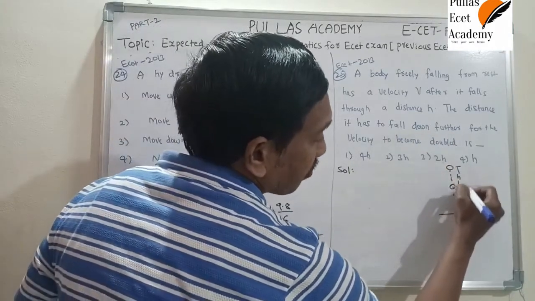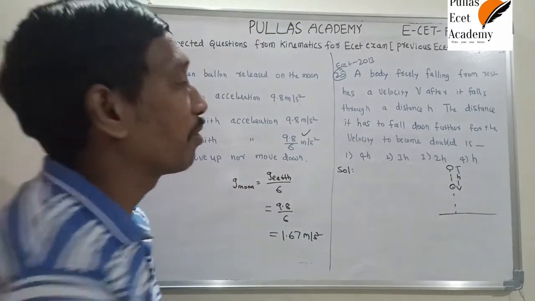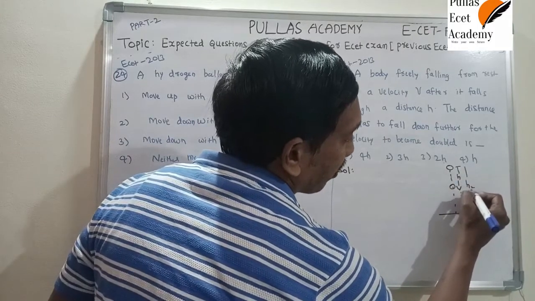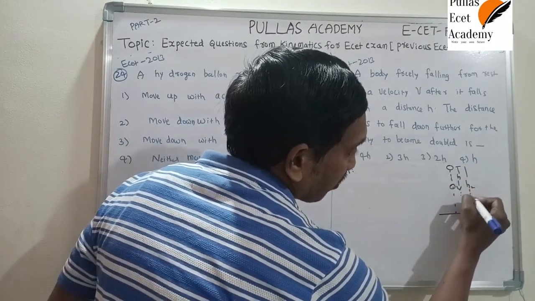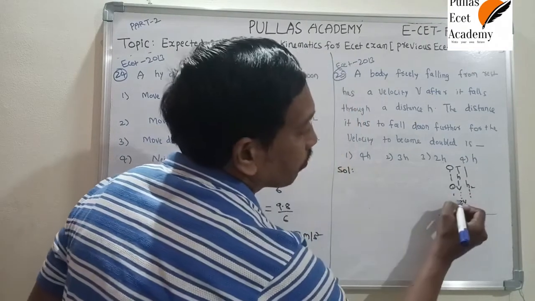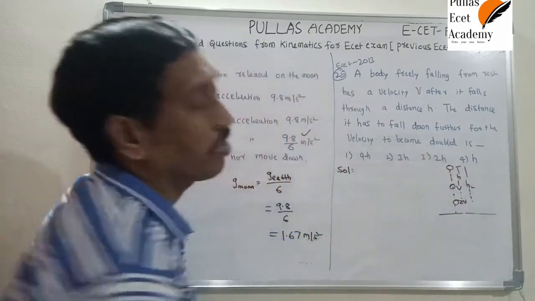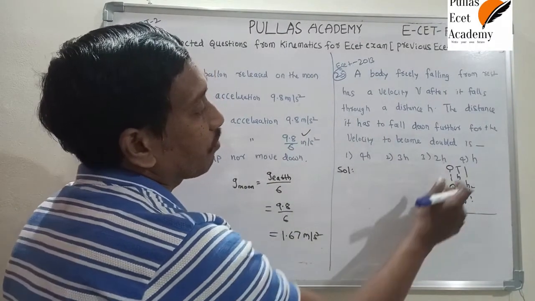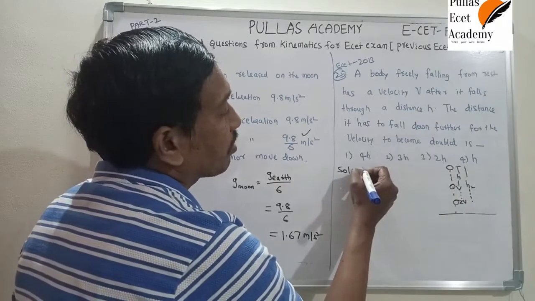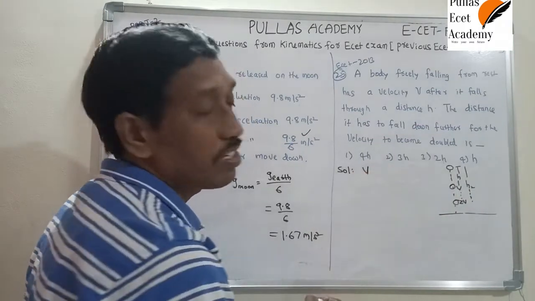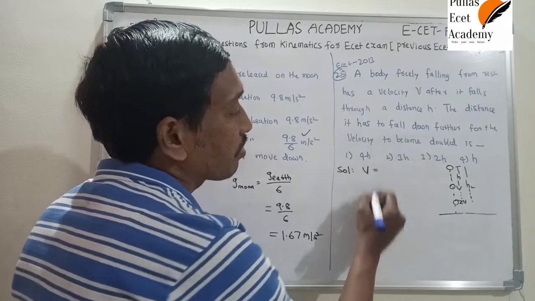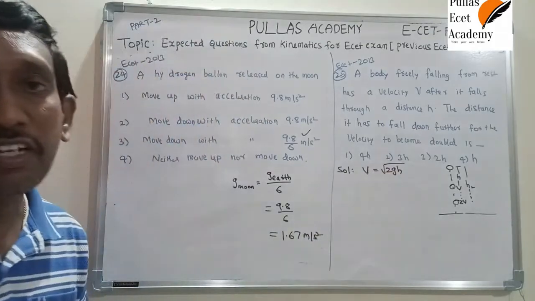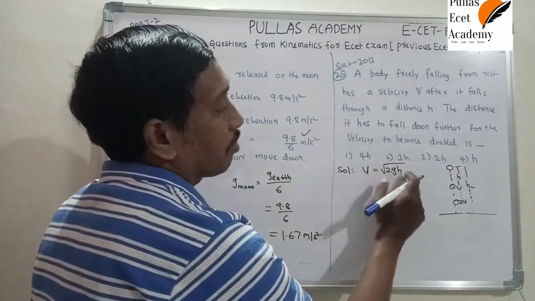In the same way, velocity increases with time for a freely falling body. Suppose it comes to somewhere at a height h2. When it travels this distance, its velocity becomes 2v. So what is h2 is what is asked here. For a freely falling body, this velocity is measured using the third kinematic equation, that is v is equal to under root of 2gh, the formula for velocity in terms of height or displacement.